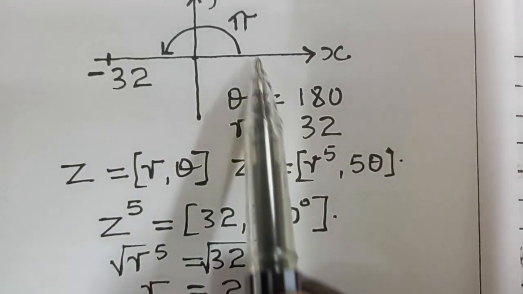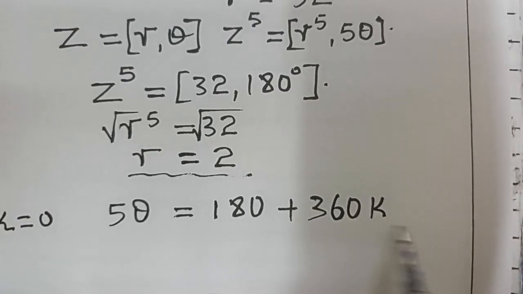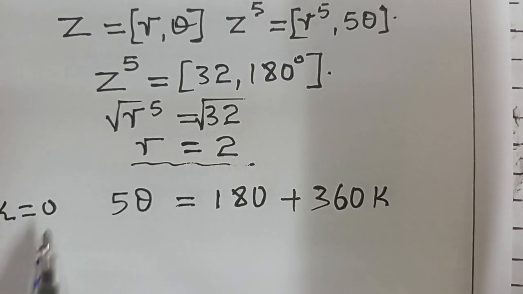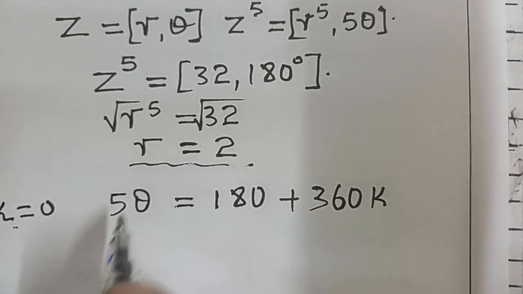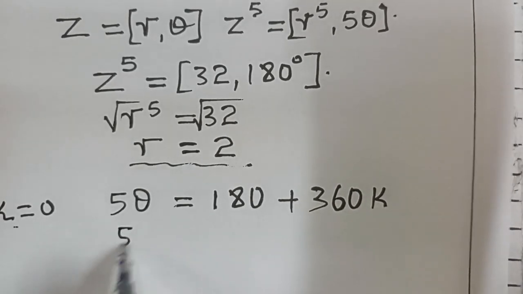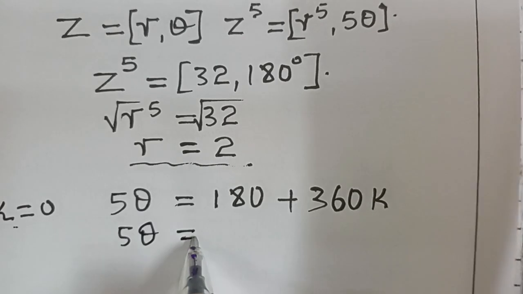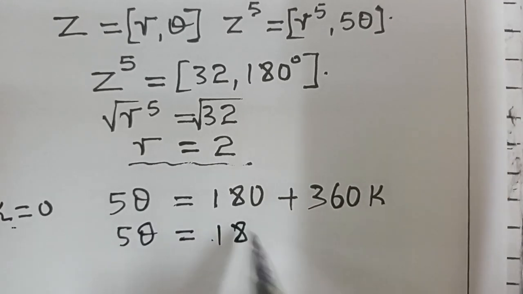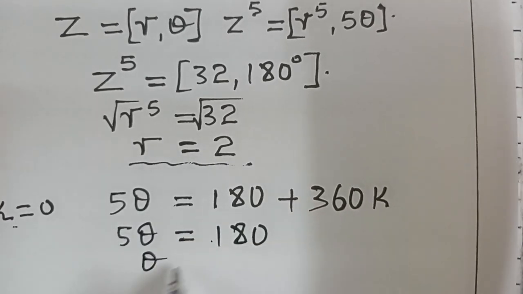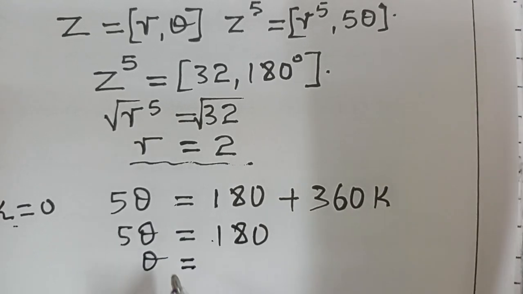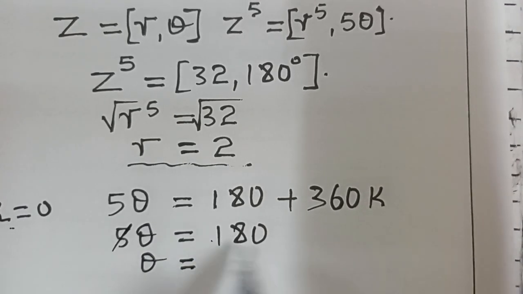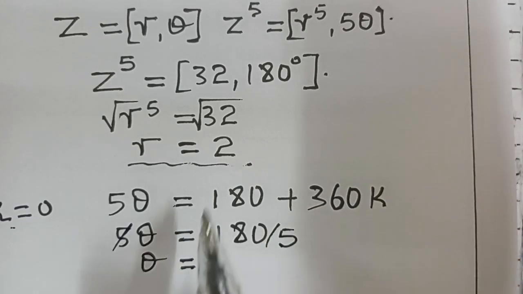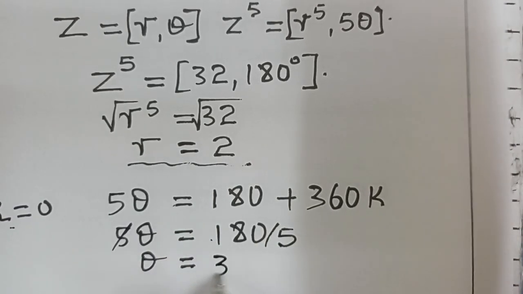If you go round, you go 360, and k is the number of times. So for the first time, k equals 0. 5 theta will be equal to 180, and therefore theta is going to be 36. If we divide by 5 both sides, this comes to 36 degrees.